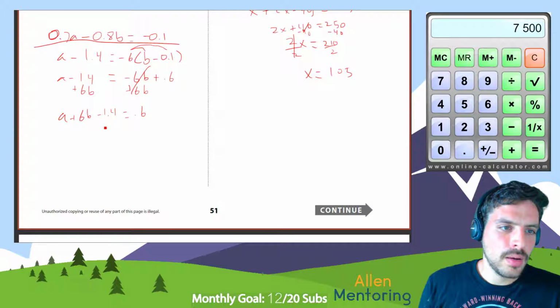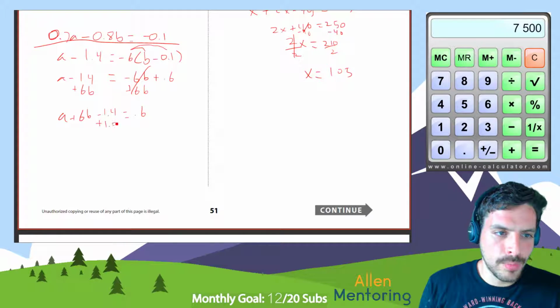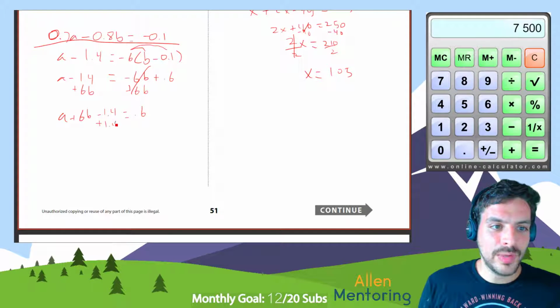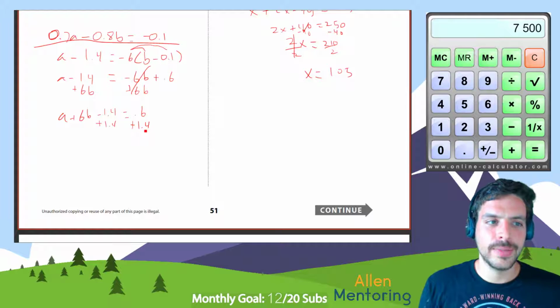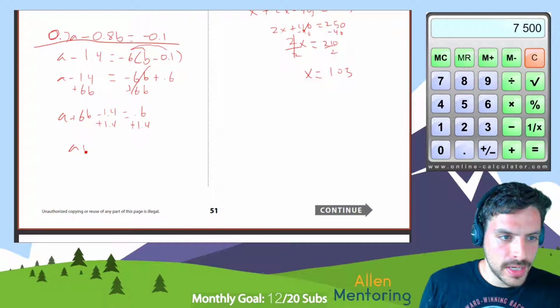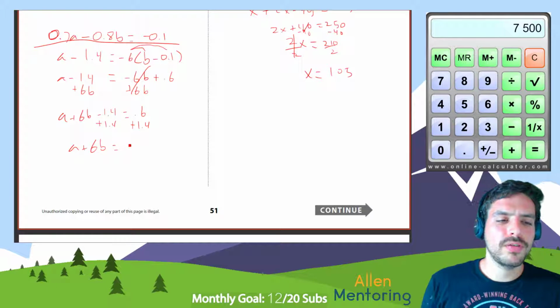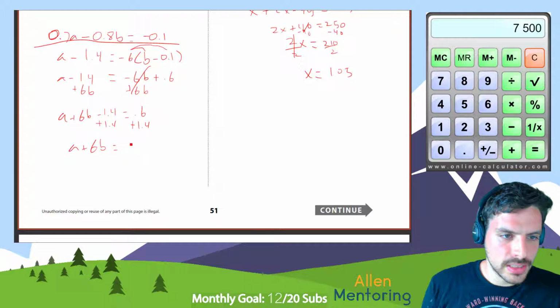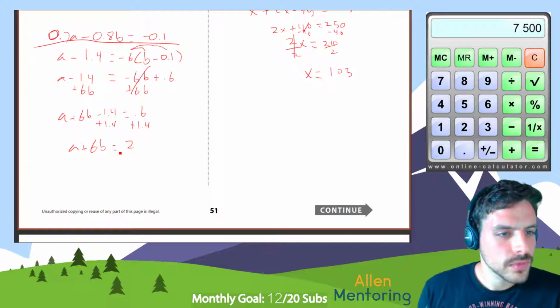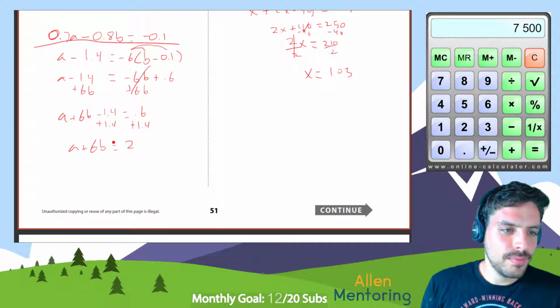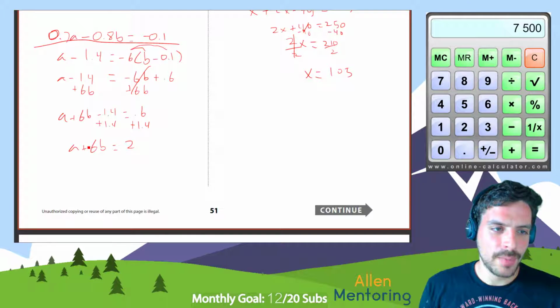Let's add 1.4 on both sides, and that way we will have all of the numbers on one side and all of the variables on the other side. So a plus 6b is equal to, what is 1.4 plus 0.6? That's going to be equal to 2. All right, so now I have my equation set up the way I want it.